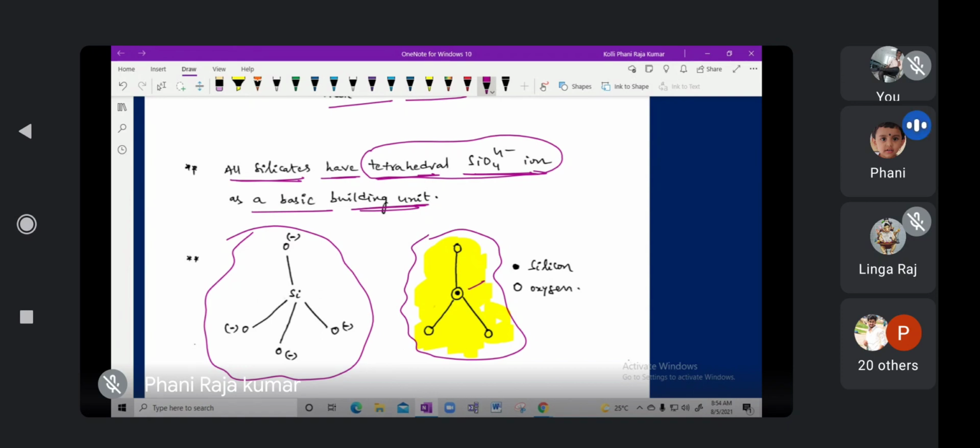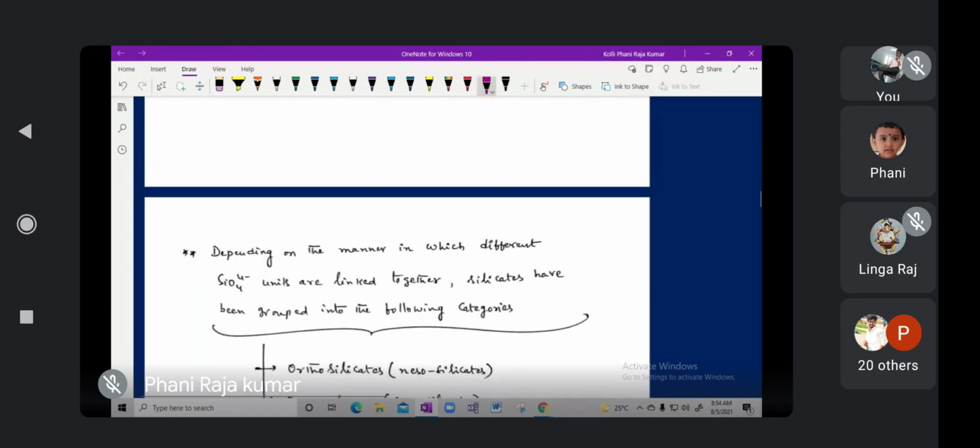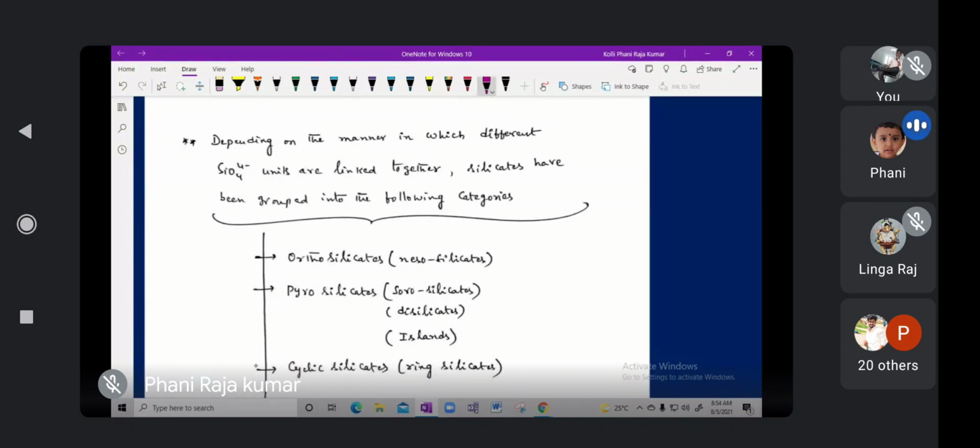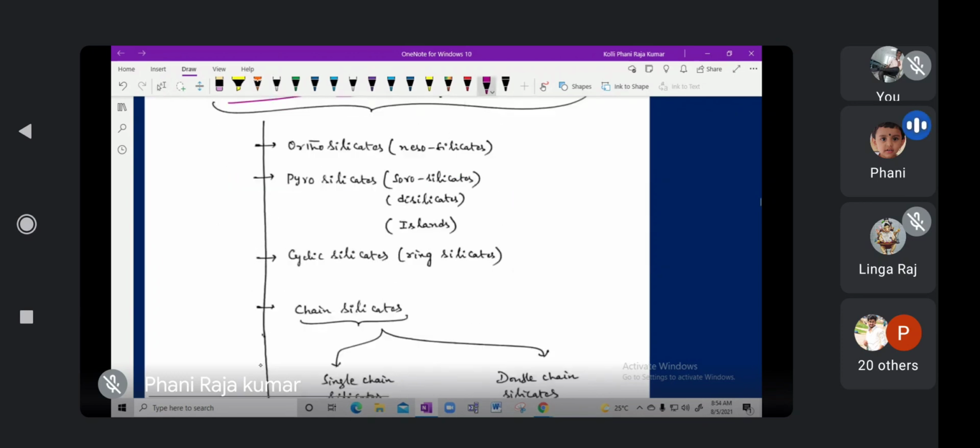Now we will develop this structure to represent different types of silicates. Depending on the manner in which different SiO4 units are linked together, silicates are grouped into the following categories. Orthosilicates, called nesosilicates, pyrosilicates, sorosilicates, disilicates, islands, cyclic silicates, ring silicates.